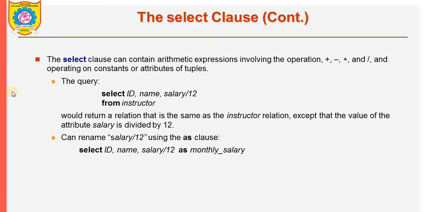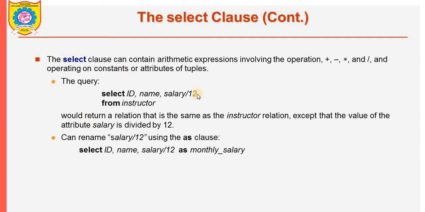The select clause can contain arithmetic expressions plus, minus, multiplication, division, operating on constants or attributes of the tuple. Let us see the query: select ID, name, salary divided by 12 from the instructor table. Here we are going to display three columns, but the operation is going on the salary column.